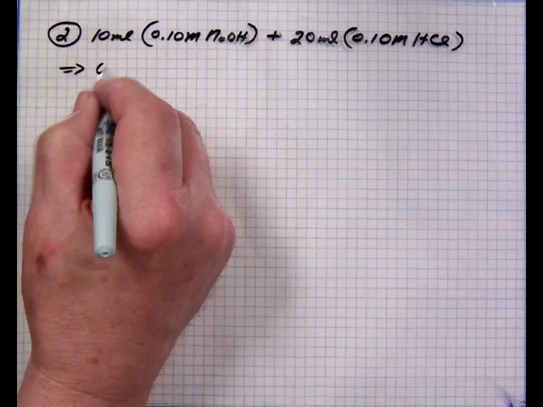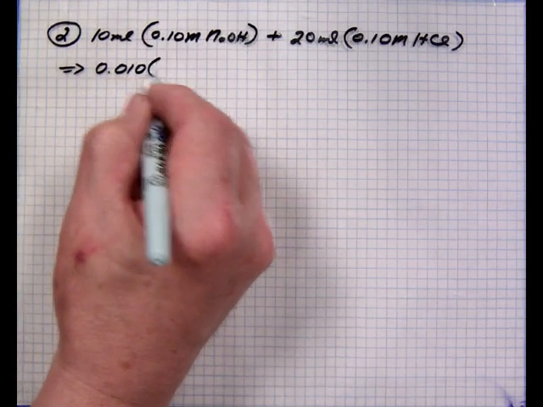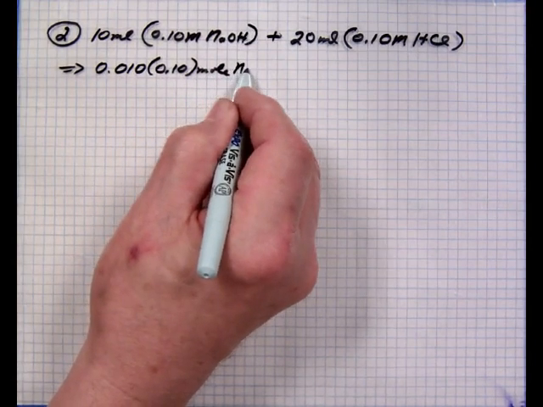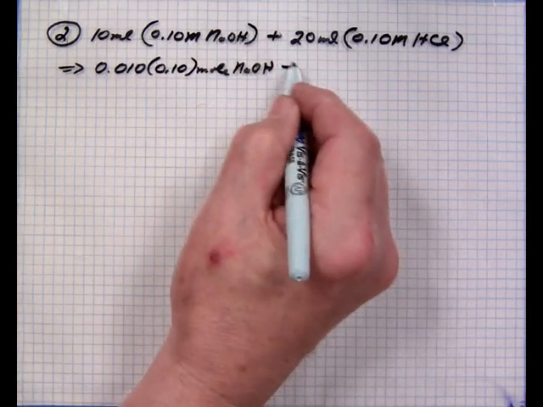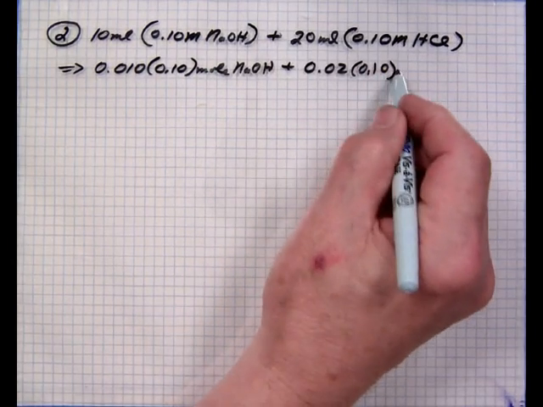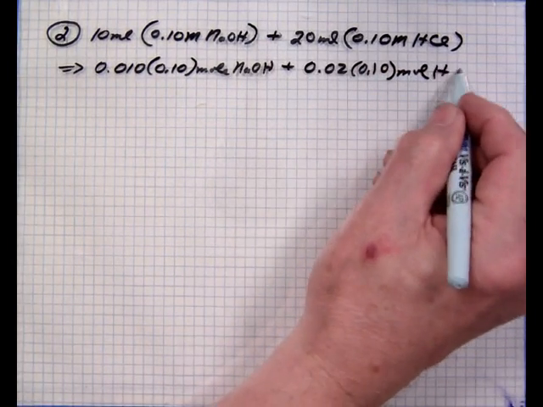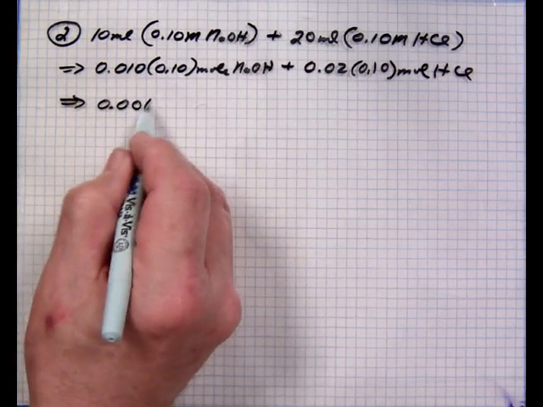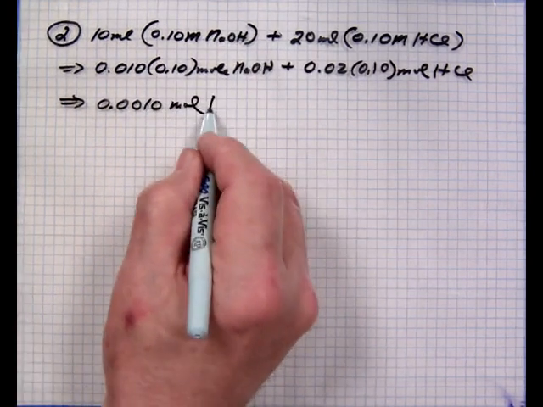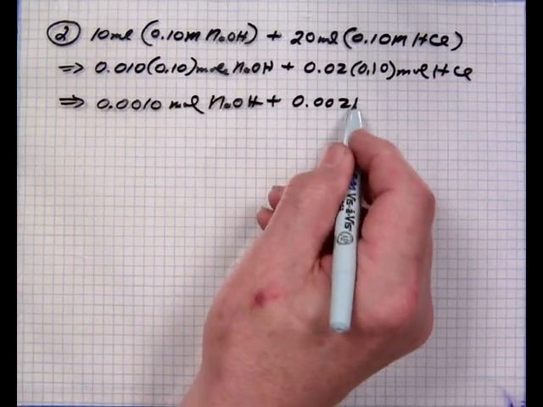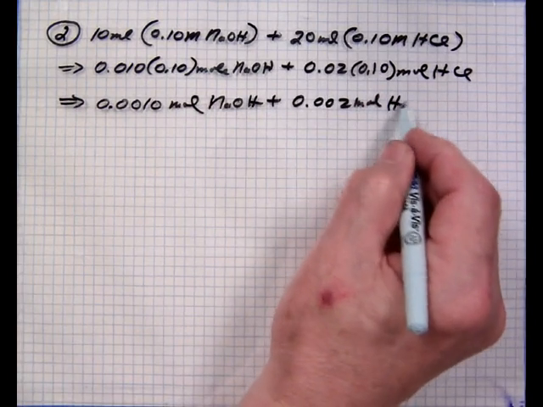We'll use 0.010 times 0.10 mole sodium hydroxide, which is now reacting with 0.02 times 0.10 mole of hydrochloric acid, and this of course gives us 0.0010 mole sodium hydroxide reacting with 0.002 mole of hydrochloric acid.